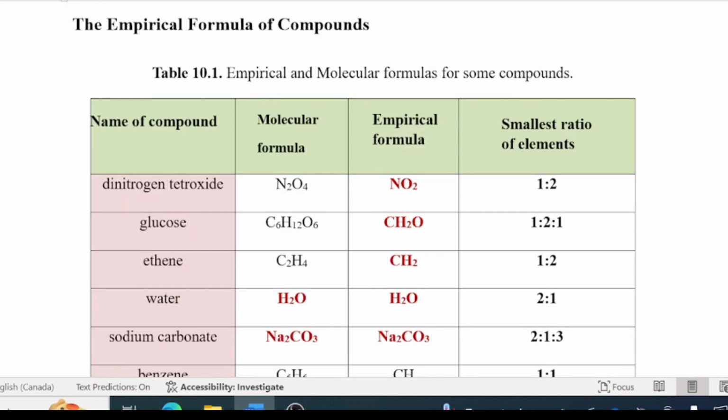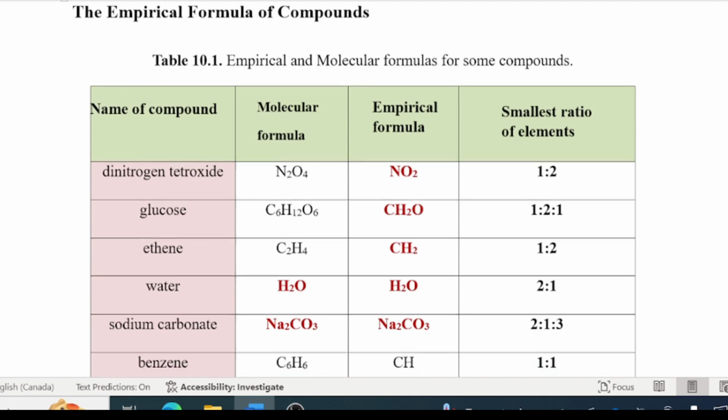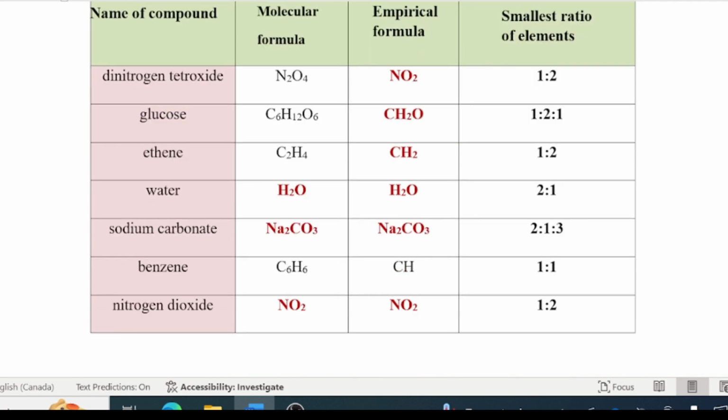Next thing is empirical formulas for compounds. If you look at this table here, it is showing you different compounds. You get a name here, dinitrogen tetroxide. This is glucose. This is ethene, the one I showed you before. This is water, sodium carbonate, benzene, and nitrogen dioxide.